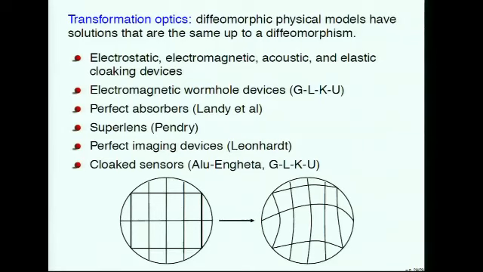I don't put there the authors because there are so many. Then we have been proposing electromagnetic wormhole devices. One has proposed perfect absorbers, super lenses, and Leonhard has proposed recently these perfect imaging devices. And also previously we proposed acoustic perfect sensors that are very close to Alu and Engheta's plasmonic cloaked sensors.